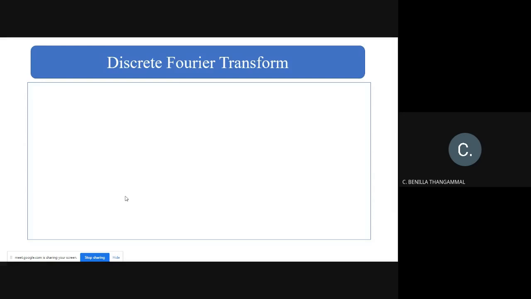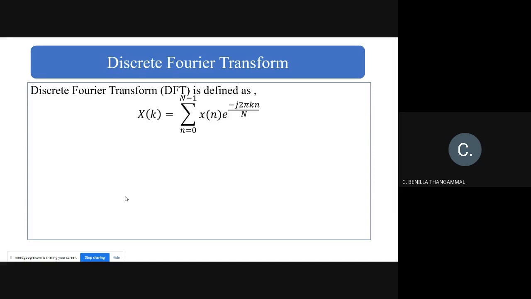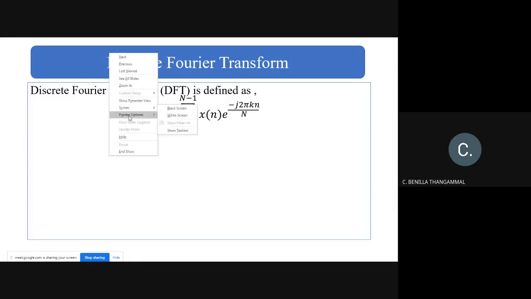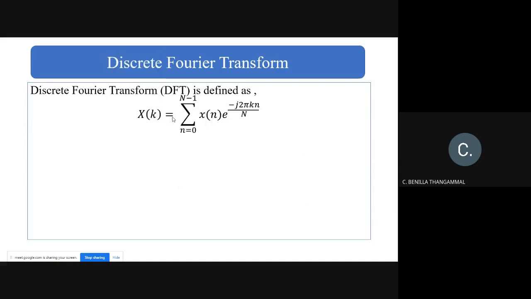to obtain your DFT, right? So this N-point discrete Fourier transform is defined as X of k equal to summation n equal to 0 to N minus 1 x of n e power minus j 2 pi k n divided by N, for k equal to 0, 1, 2 till N minus 1.